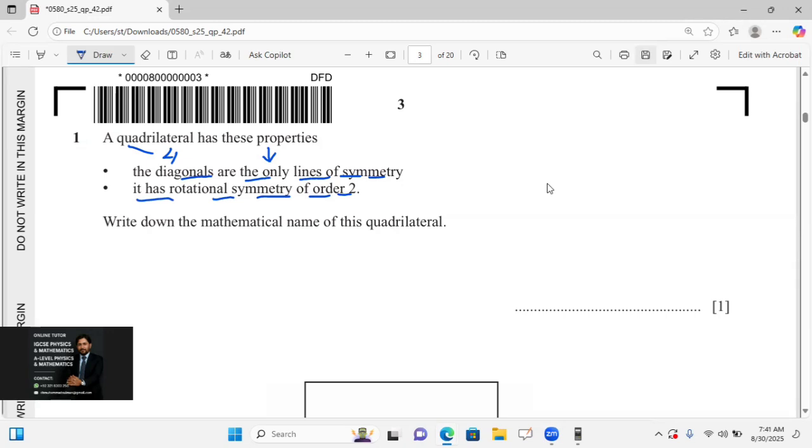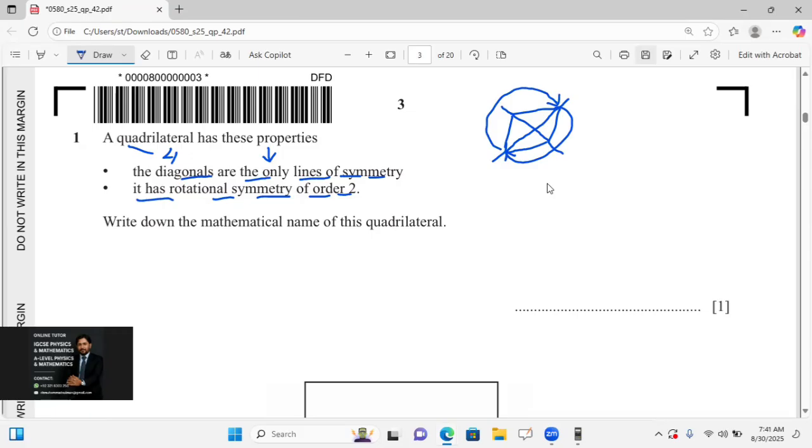Then this figure, first of all, is a quadrilateral with one line of symmetry across its diagonal, or this can also be a line of symmetry. And its order of rotation is, first it rotates to this position, then it rotates to this position, which means 2 steps are there to make the exact image of the picture.